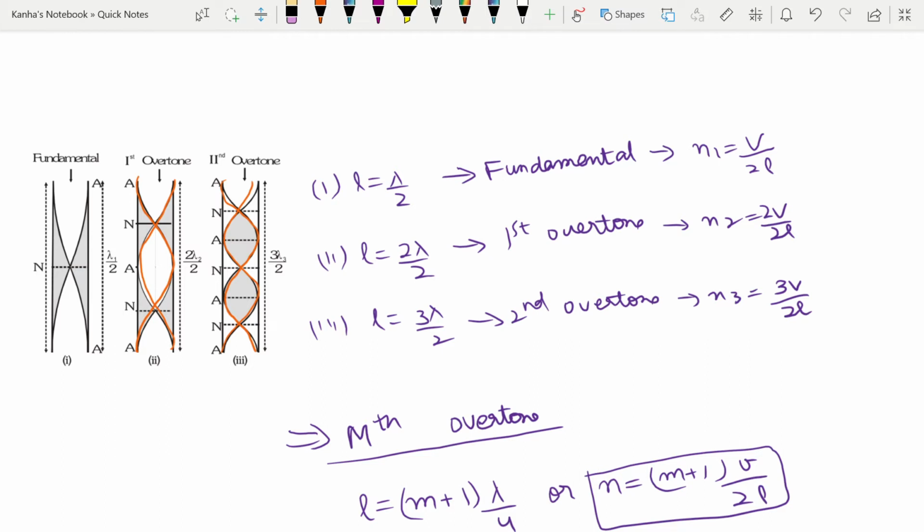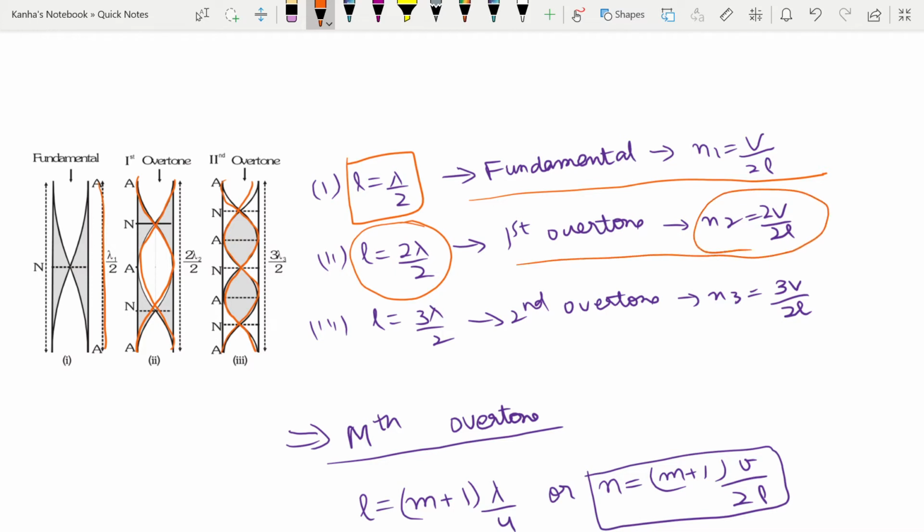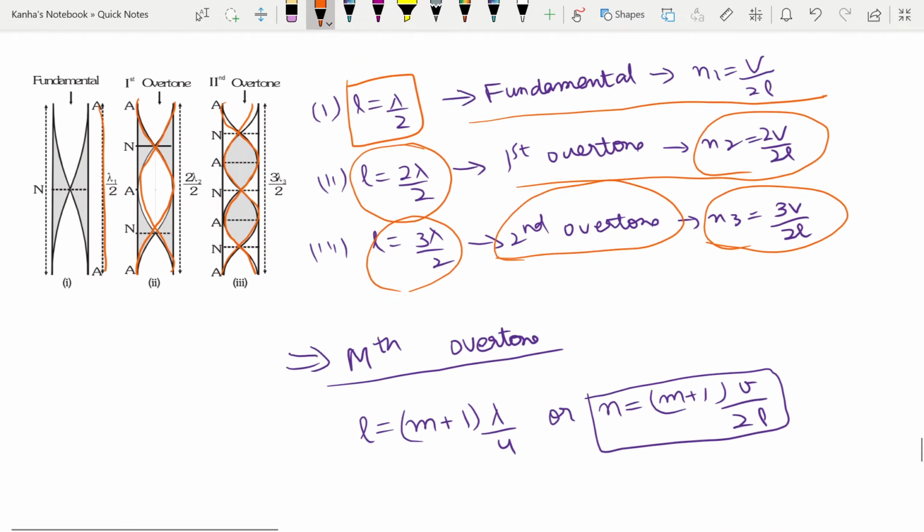Okay, this is what is happening in the picture. Now here also you have L is equal to lambda by 2 for the first case. This is known as the fundamental frequency. For the second case, you have your first overtone given by 2v by 2L. Third case, you have the second overtone, which is 3v by 2L. So for the mth overtone, you have L is equal to (m plus 1) lambda by 2, or n is equal to (m plus 1) v by 2L.